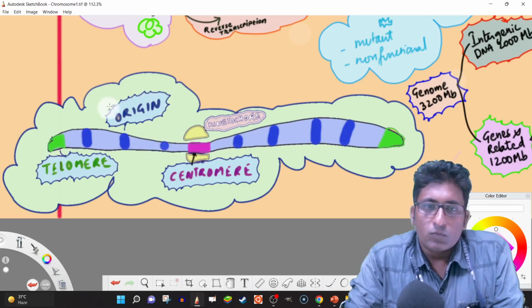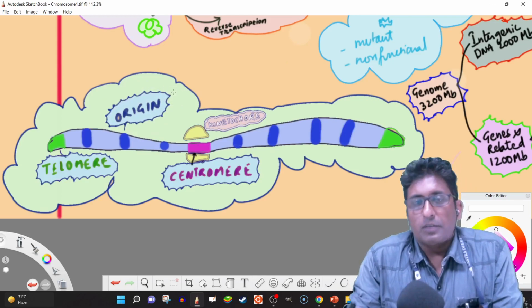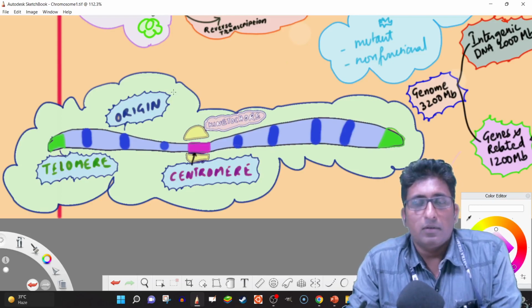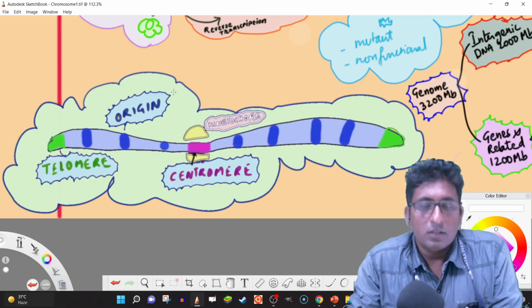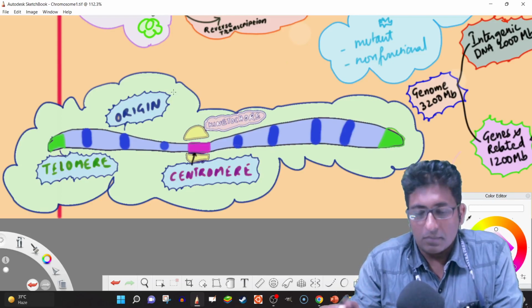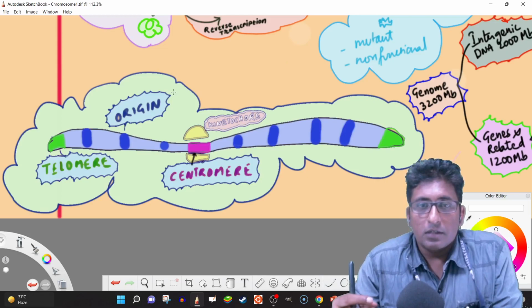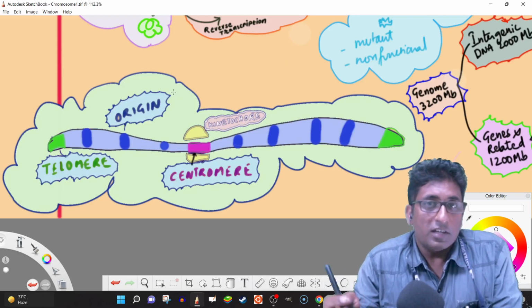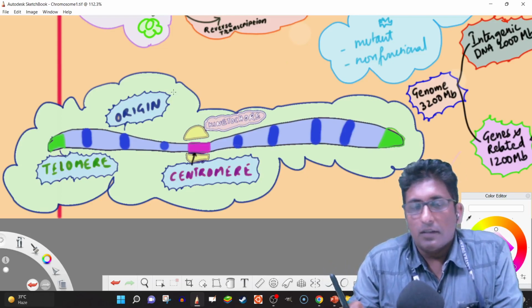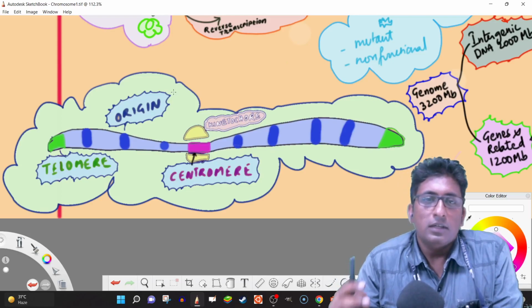Second point is we need an origin of replication. Every genetic material should have an origin of replication. There should be some means for the replicating machinery to identify and replicate the DNA. If we define what a genetic material is, this is the primary quality: it should be able to replicate.